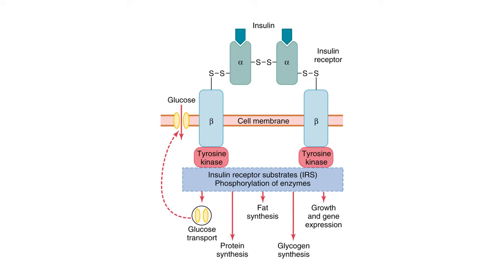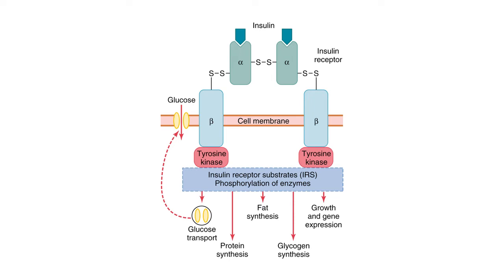So before the binding of insulin, noong wala pang insulin, yung IRS, lumulutang lang siya in the cytoplasm of the peripheral cell. But upon binding of insulin to its receptor, tyrosine kinase becomes activated.